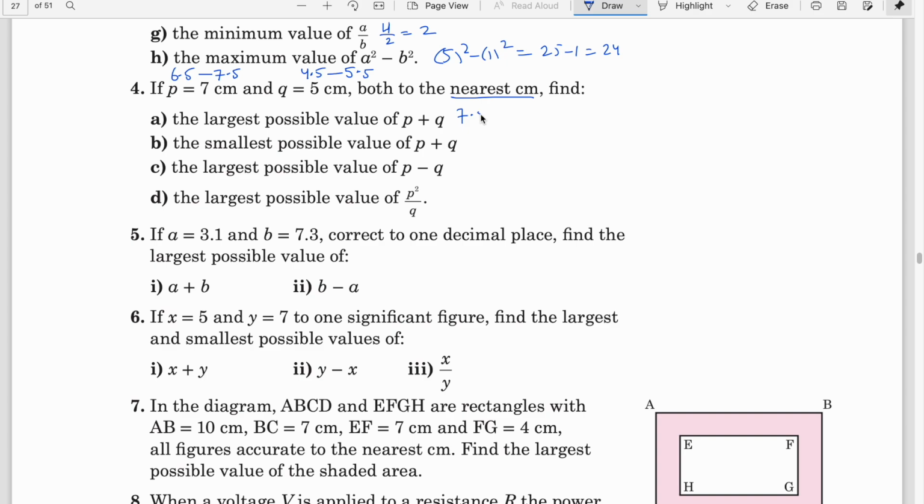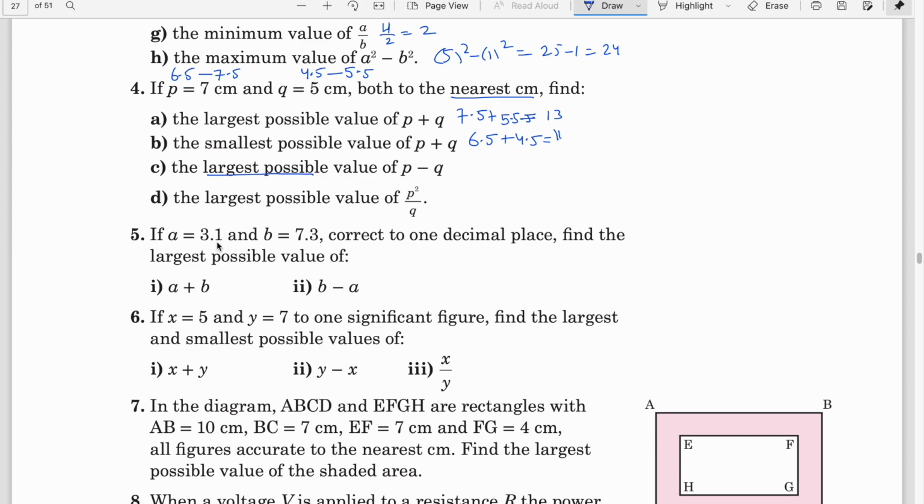So 7.5 plus 5.5 is equal to 13. The smallest possible value of P plus Q. So we take both of the lower bounds and we get 11.